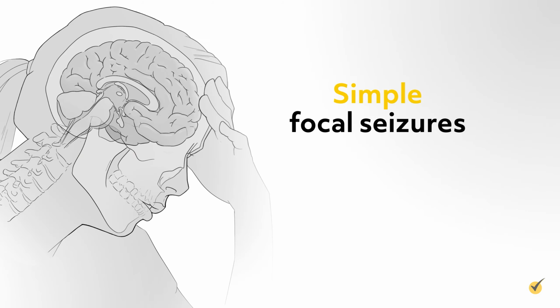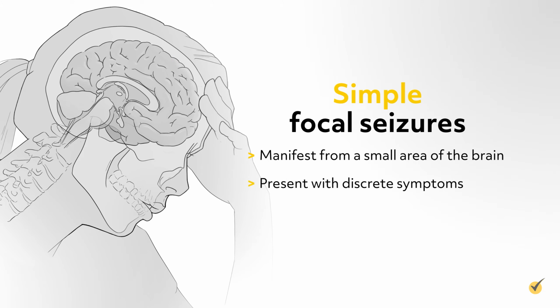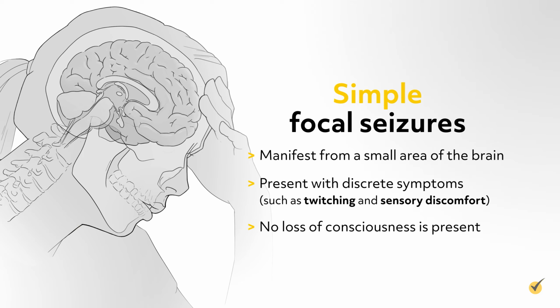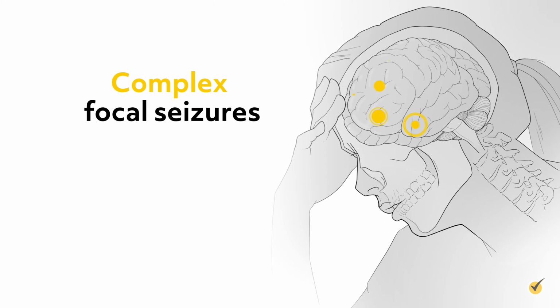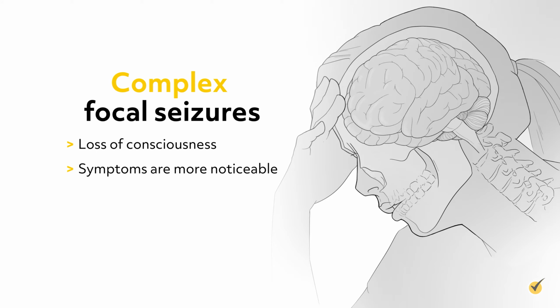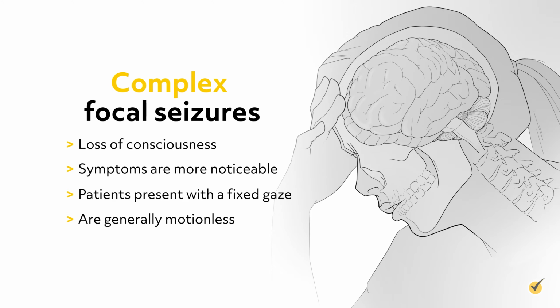Simple focal seizures manifest from a small area of the brain and present with discrete symptoms such as twitching and sensory discomfort. In these patients, no loss of consciousness is present. In complex focal seizures, there is a loss of consciousness and the symptoms are more noticeable. These patients present with a fixed gaze and are generally motionless.